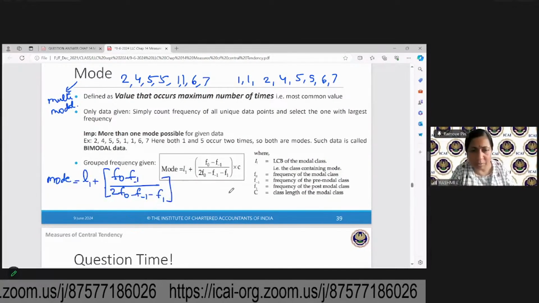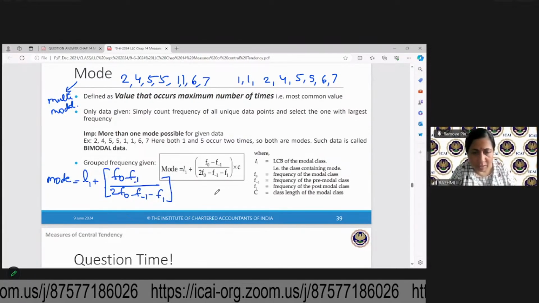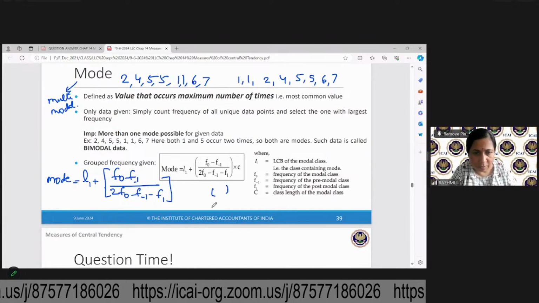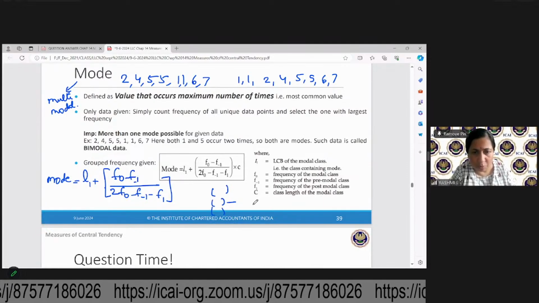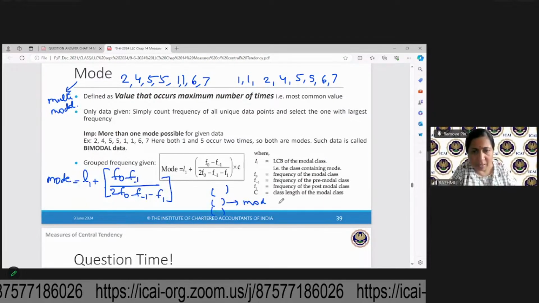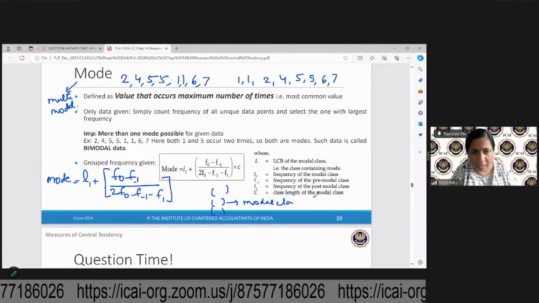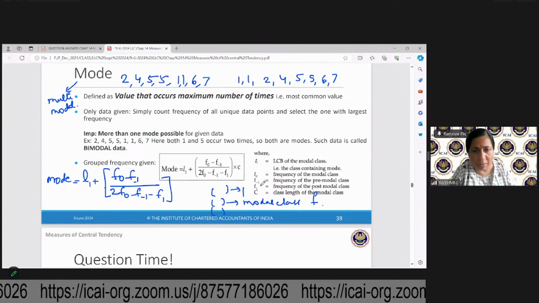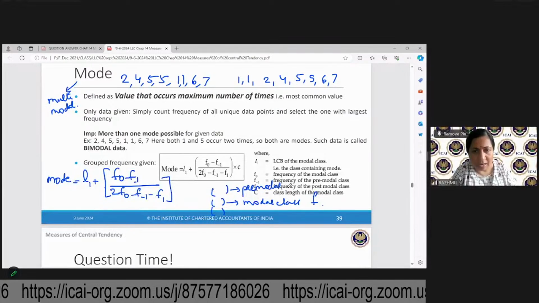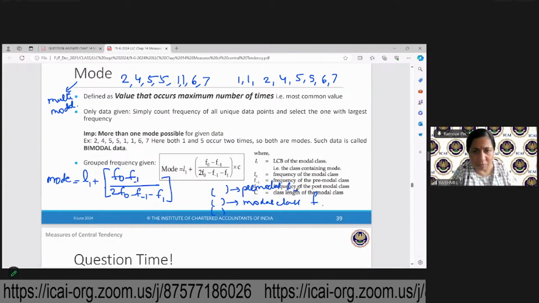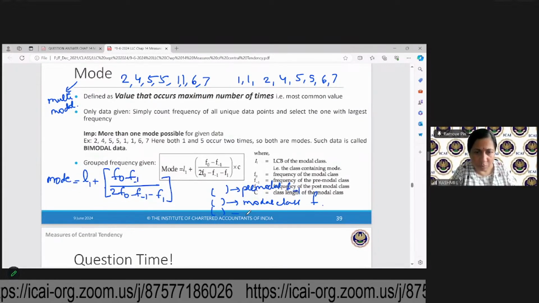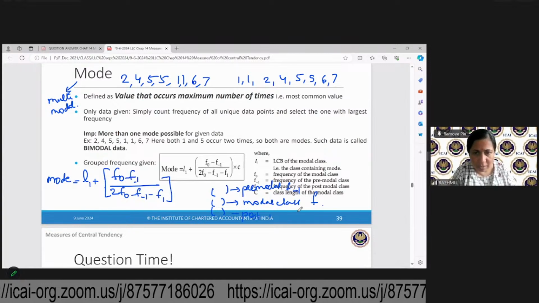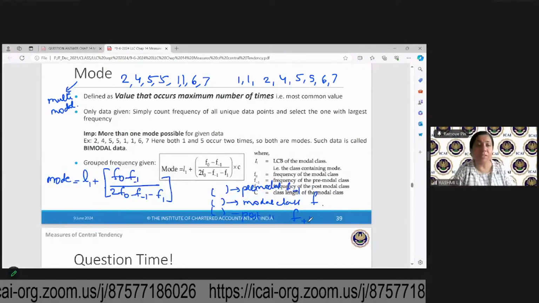See, what this means is that you have these three. This is your modal class, and it has its frequency F0. This is called the pre-modal class. It has its frequency F of minus 1, and this is the post-modal class. It has the frequency F of plus 1.